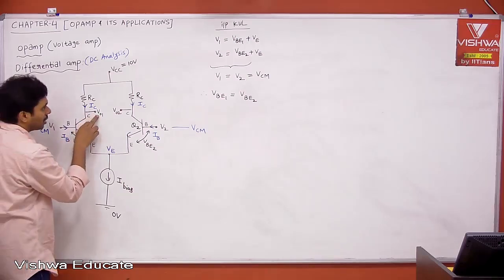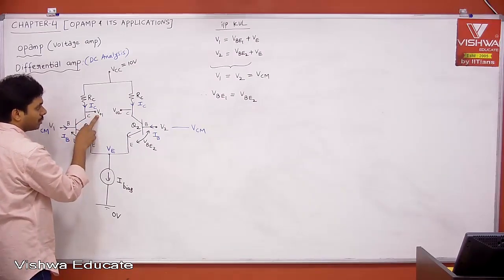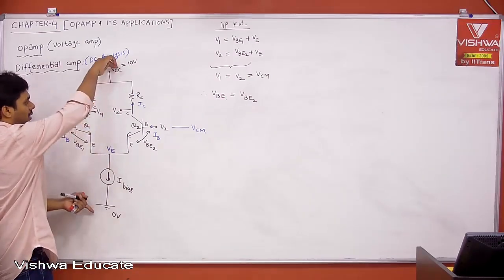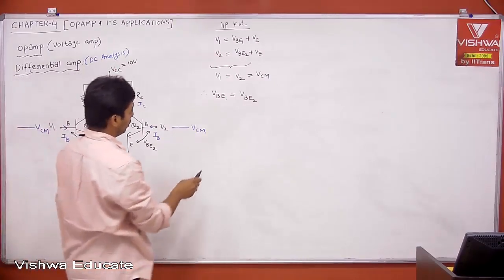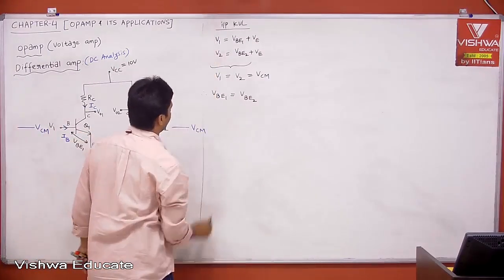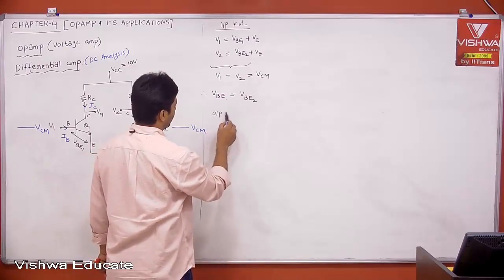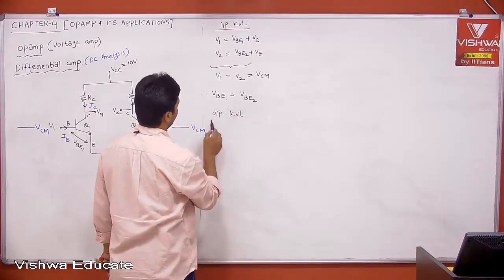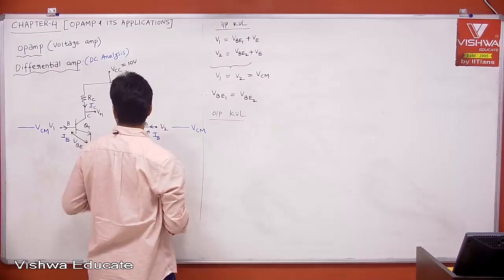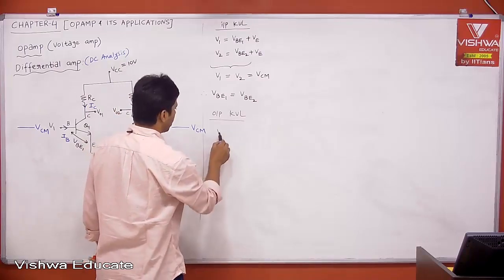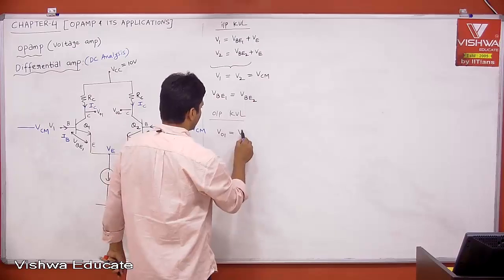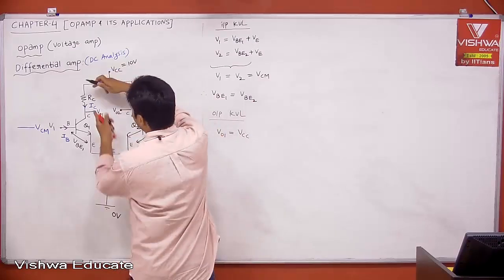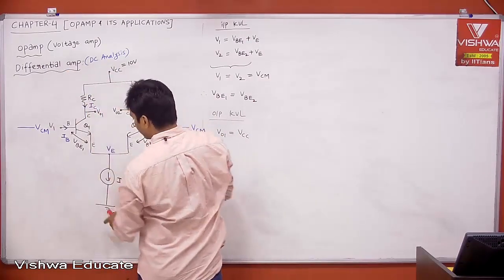Then what is V01? Out of VCC, the drop across RC, if you take it out, that is your V01. Then if I write the output KVL, what is the output KVL? V01 is equal to VCC, out of VCC, the drop if you take out, that is V01 with respect to ground.